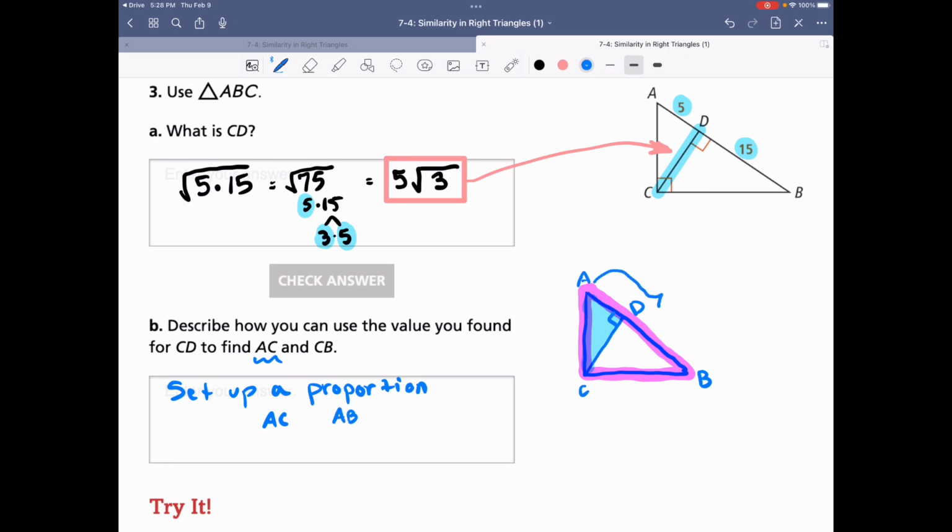And we know that AB is 20, because 5 plus 15 is 20. And I'm looking for AC, and so what we do with the geometric mean is we put the AC across from each other diagonally. Now I'm looking at the big triangle, the pink one.